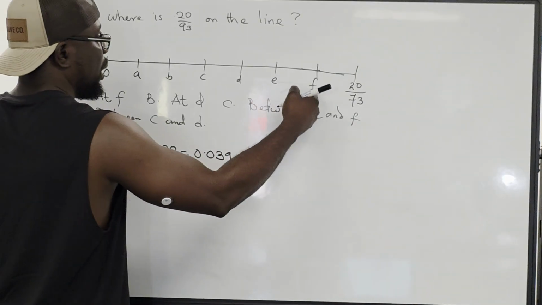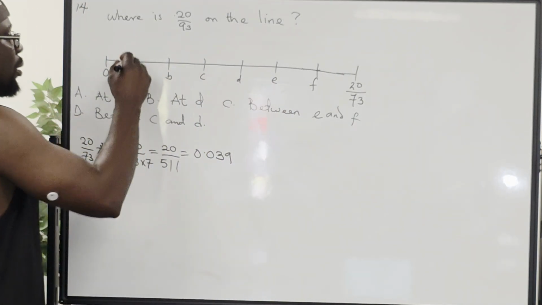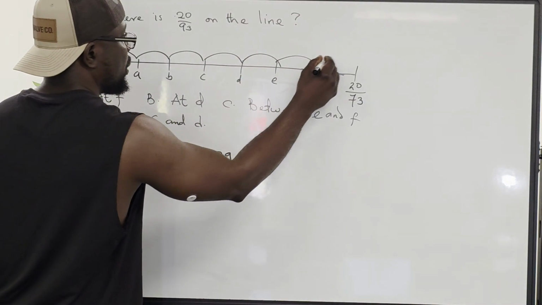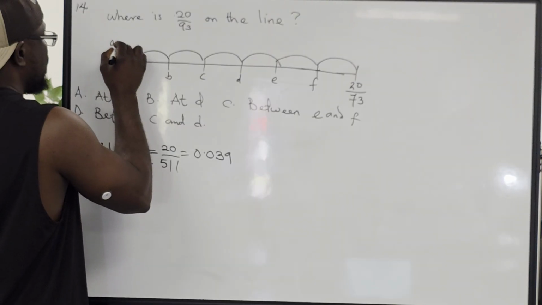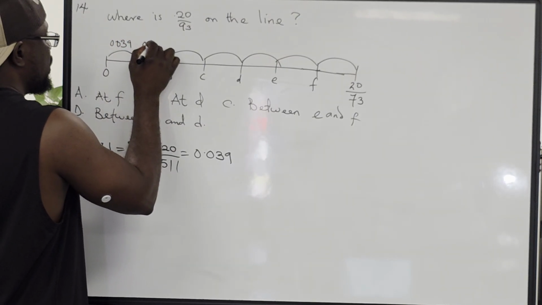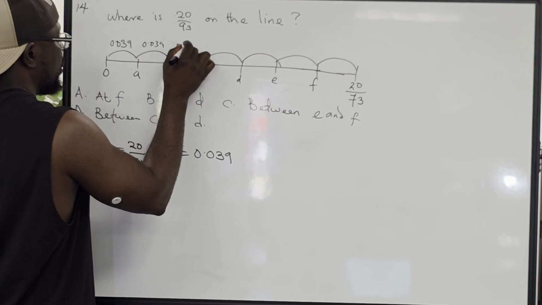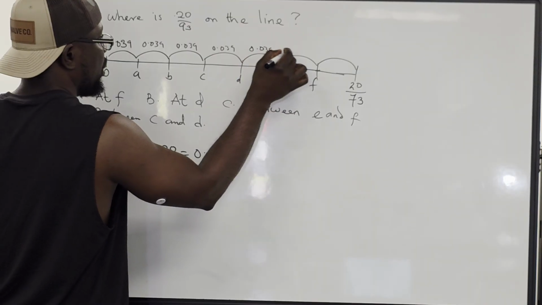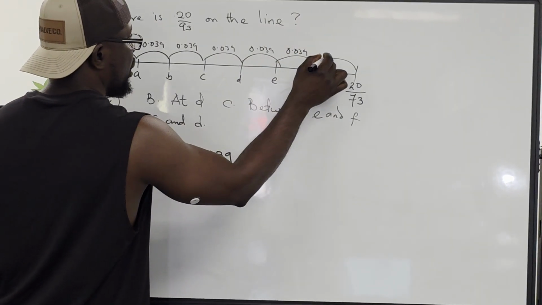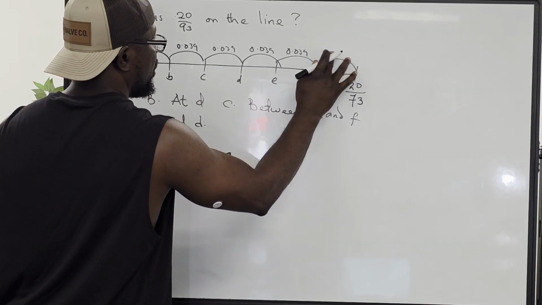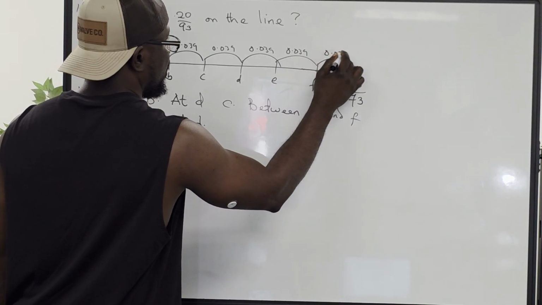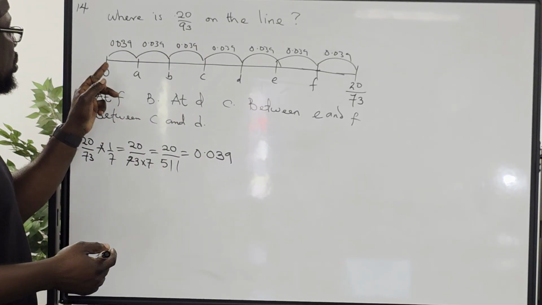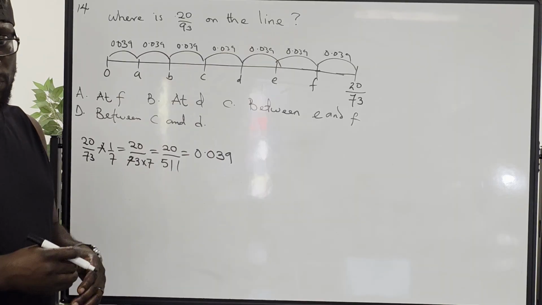Which means that each of these right here, 1, 2, 3, 4, 5, 6, 7, each of these is 0.039. The distance between O and A is 0.039.